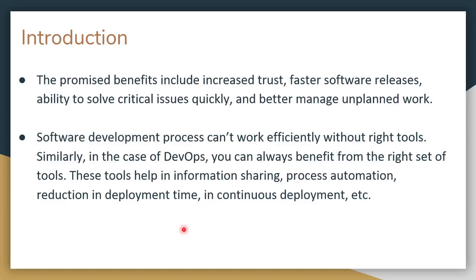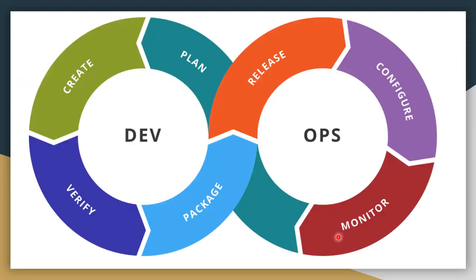The tools can be configured to support the right process, but the tools do help in sharing information, progress, process automation, reduction of deployment time, and reduction of human error, and in continuous deployment in order to get continuous feedback on whatever updates were made to the software products or the software devices.